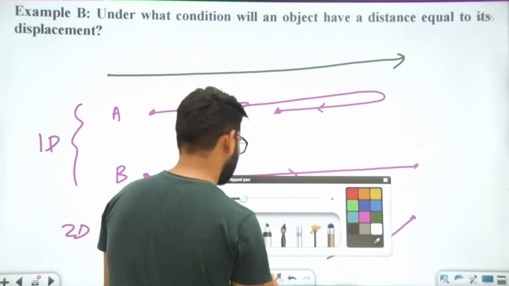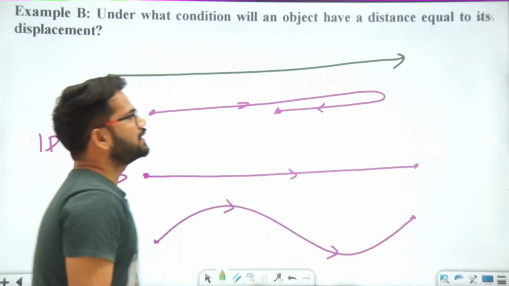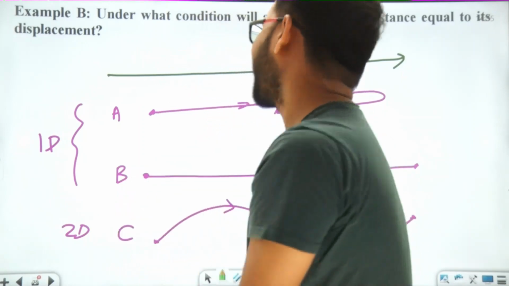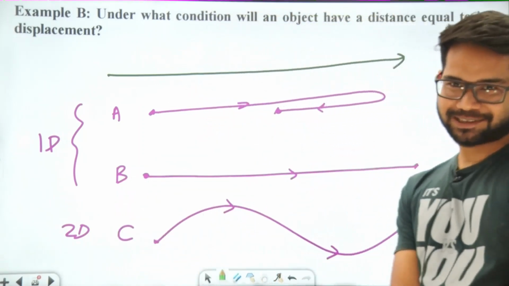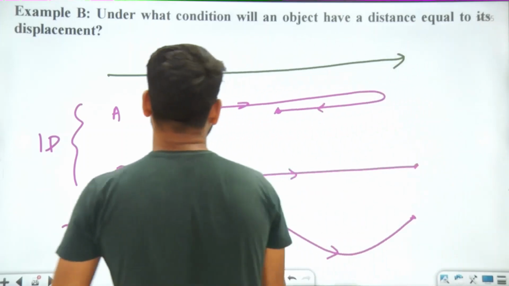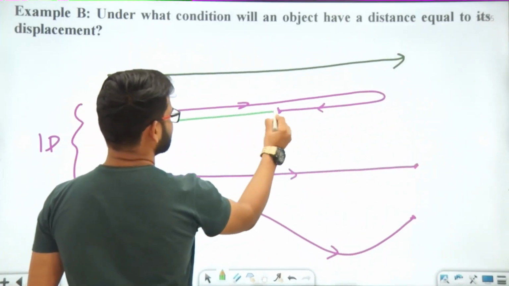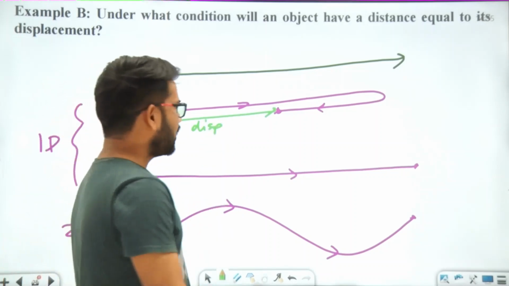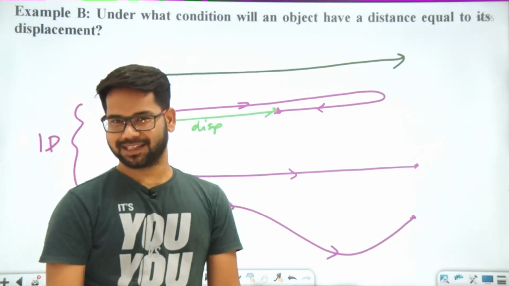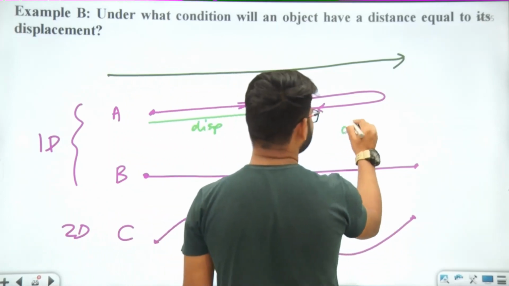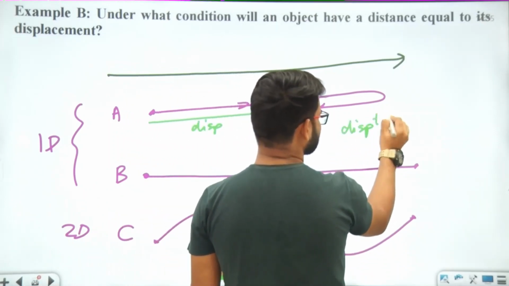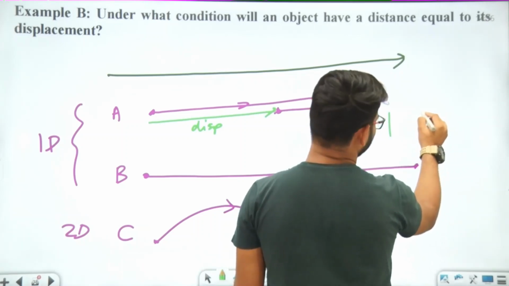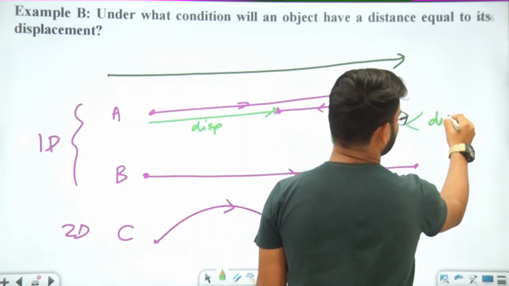Now think, in the first case, if you compare the magnitude of distance and displacement, this will be the displacement, and distance is the path length. So which one will be bigger? Distance will be bigger, right?